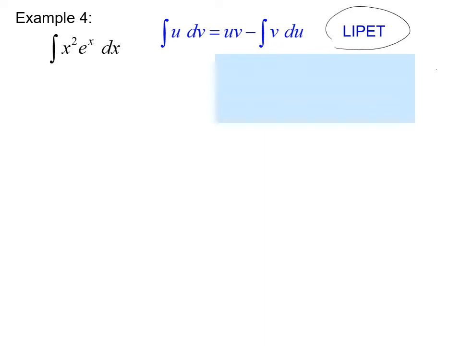So we will choose u equal to the algebraic part, x squared. After that dv will be e^x dx.